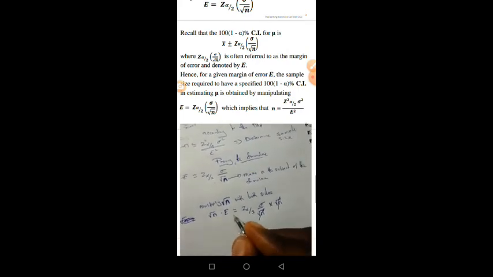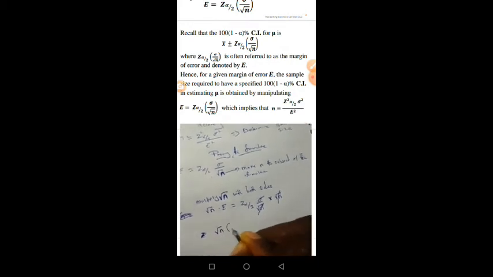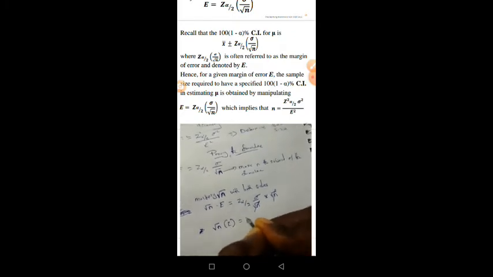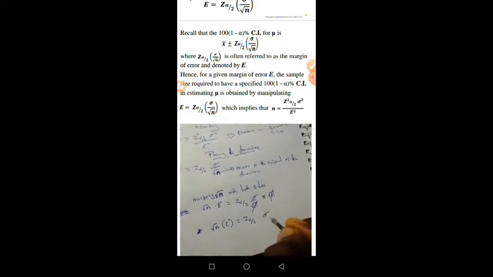Then the next thing is multiply e on both sides. Then that will be square root n, bracket, equals critical value times standard deviation, over 1.